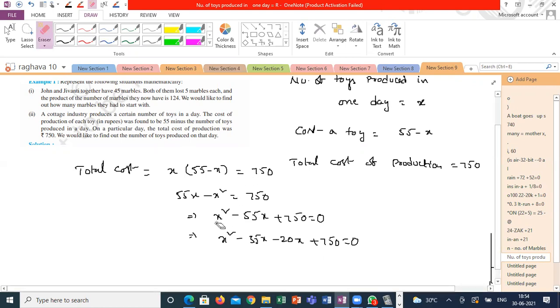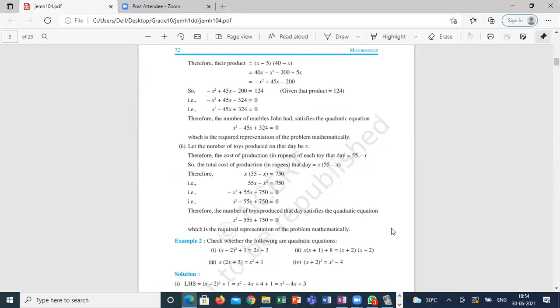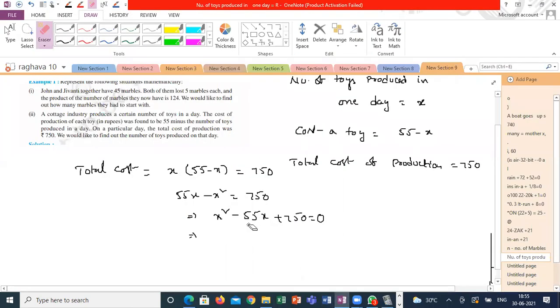What combination will you get here, guys? Which combination will split the middle term? The product should be 750X square and the sum should be minus 55X.